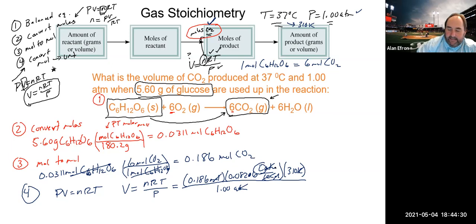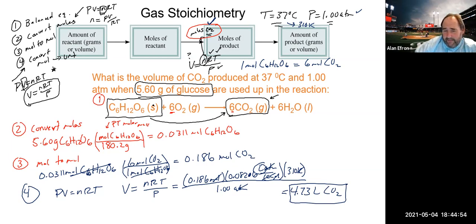And that gets us, looks like, 4.73 as our liters of CO2 that would be produced in this case. Any questions on any of those steps there?